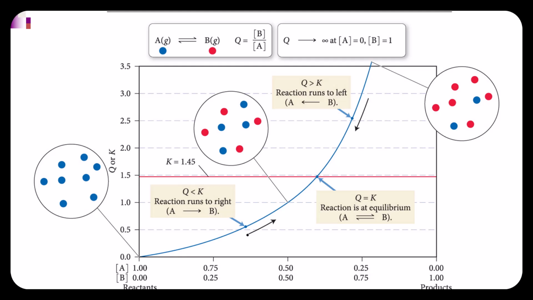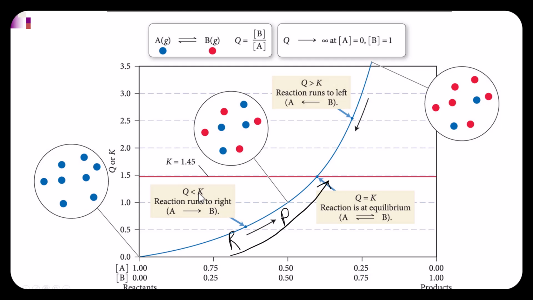Where do we go to find equilibrium? Well, if we think about this arrow moving from left to right, we could think of our reactants here, our products here. So in order to get to equilibrium, this reaction is going to push up towards the products.